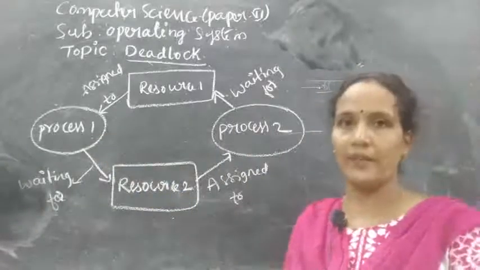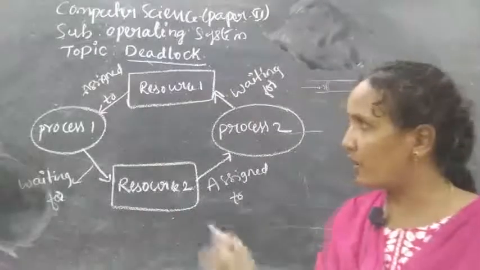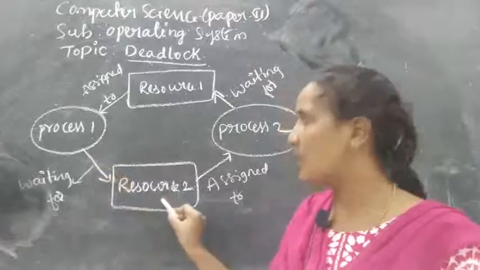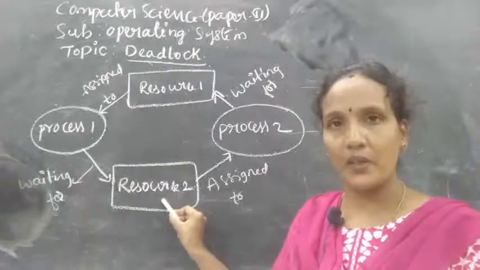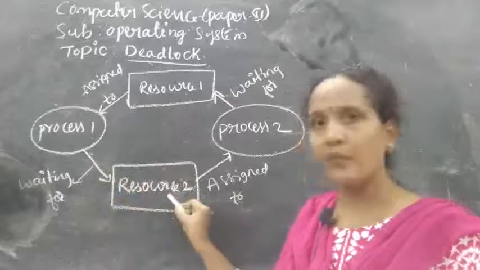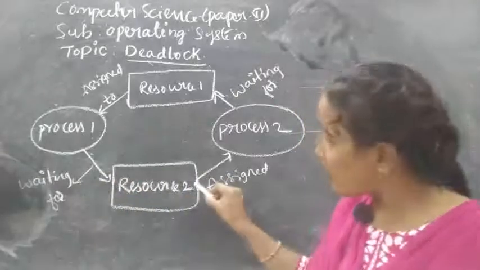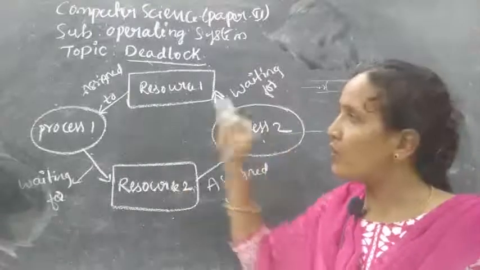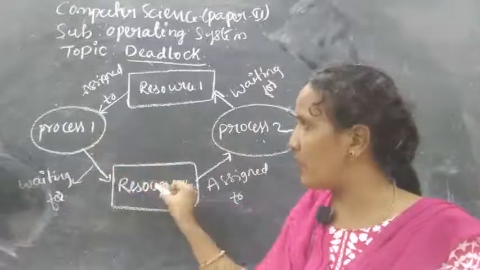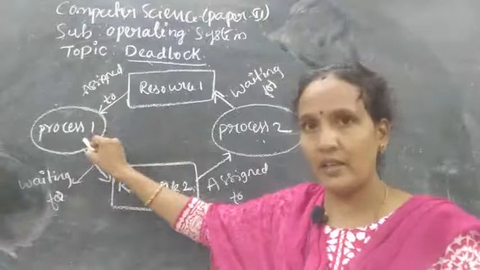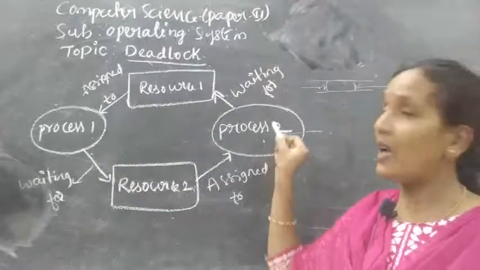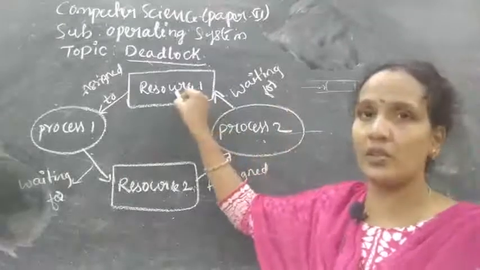So here you see process 1 is requesting resource 2. Resource 2 is already assigned to process 2. So whichever resource process 1 is requesting, that resource is held by process 2. And process 2 is waiting for resource 1.